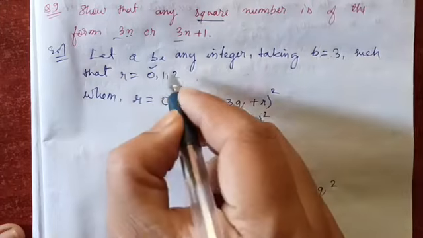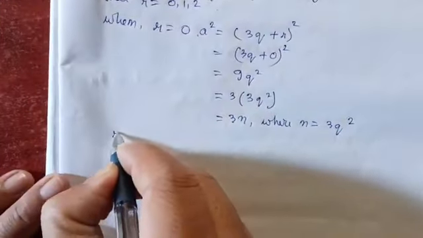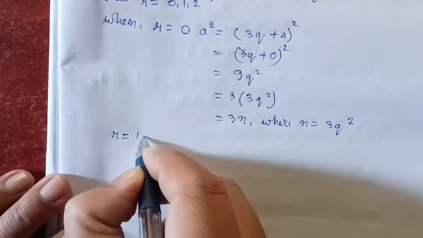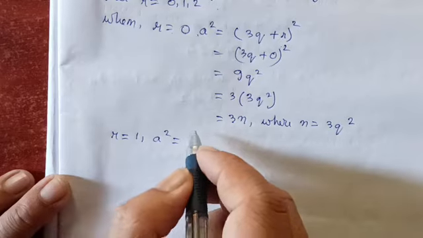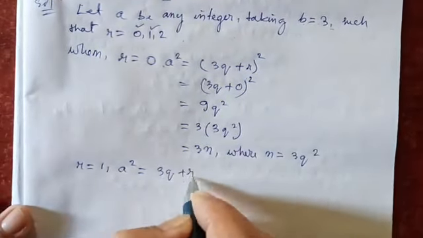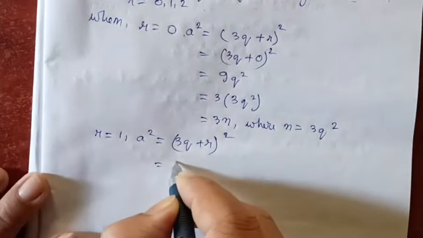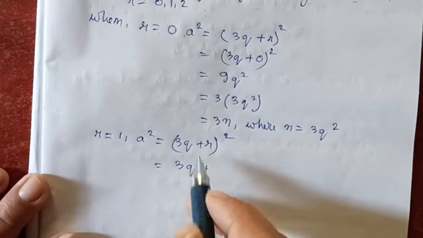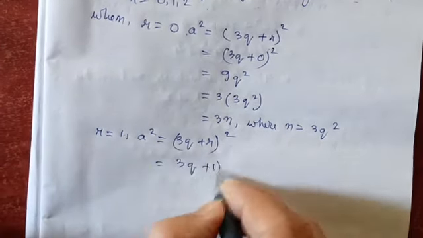Then now let us try for 1. When r equal to 1, then a square, remember that our b value is 3, so it should be 3q plus r, don't forget this, square. Our r value is 1.